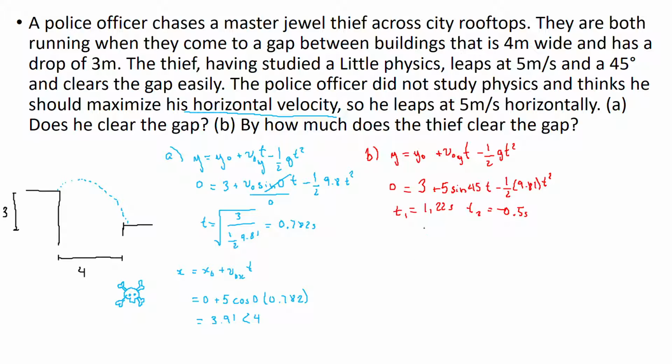Okay, so we just discard this one, it's a sad face, this one is a good one, so we use this one, and we now use the formula for the horizontal displacement. That's x0 plus v0 in x times t. The initial position is going to be 0, so we're just left with 5 cosine of 45 times t, and the time is going to be 1.22, and that gives us as a result 4.31 meters.